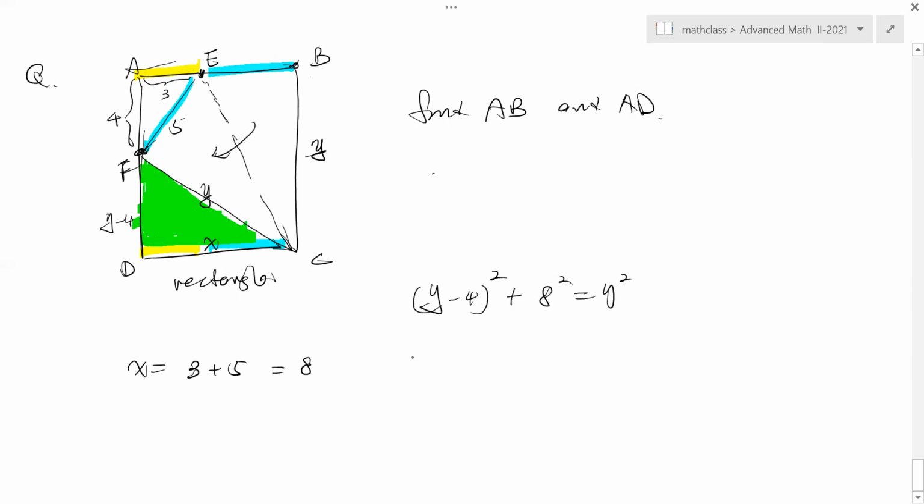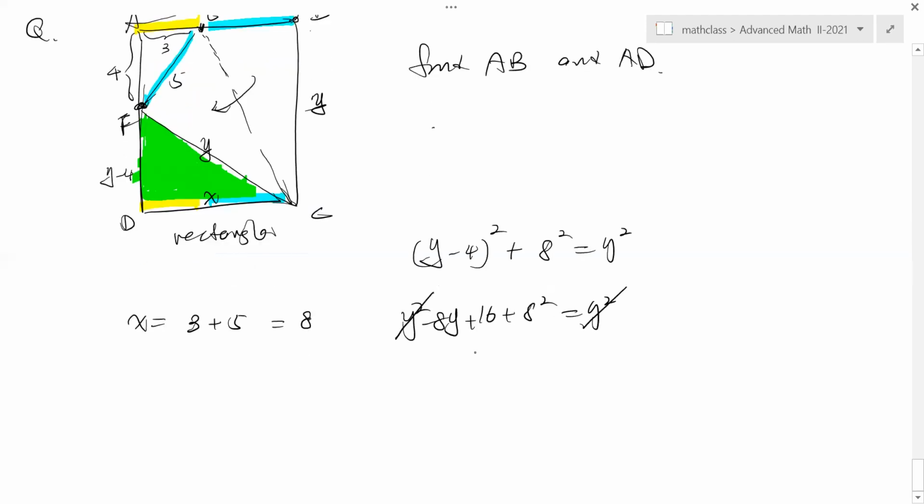Once you get this equation, then you can solve for y. So 8y is going to be 16 plus 64, which is 80.